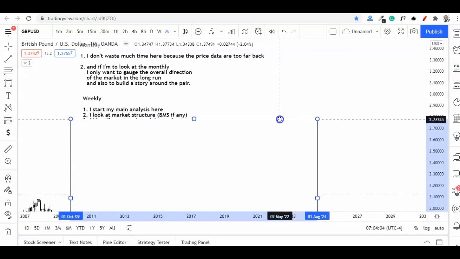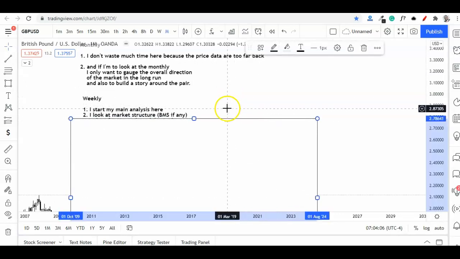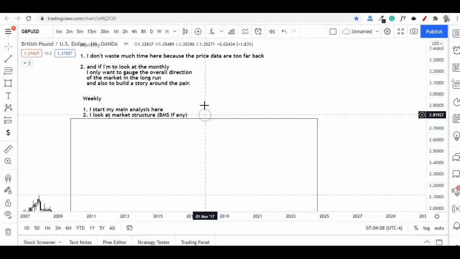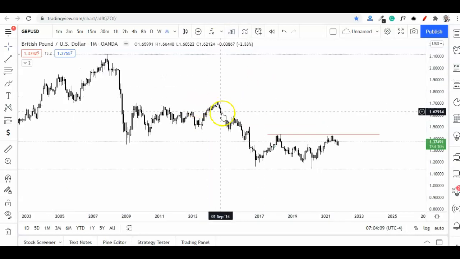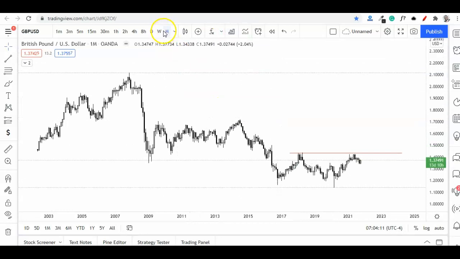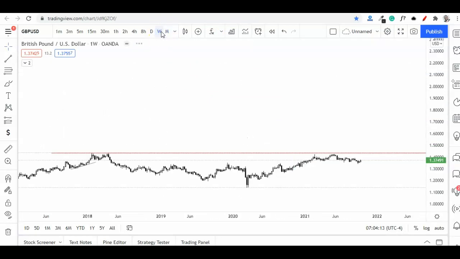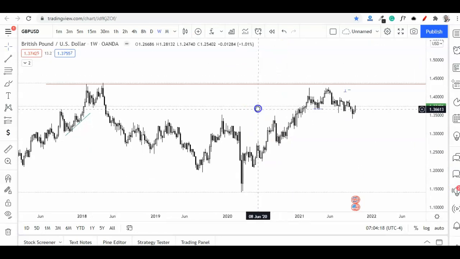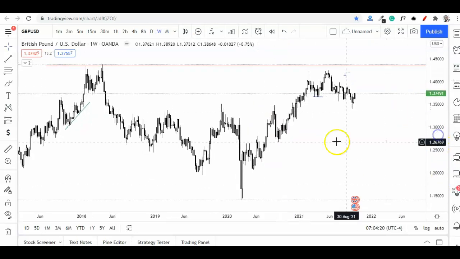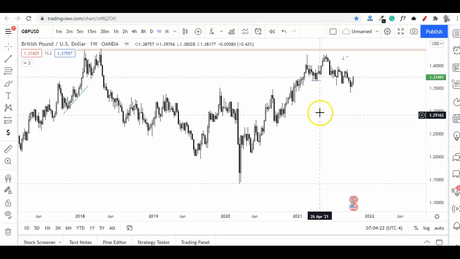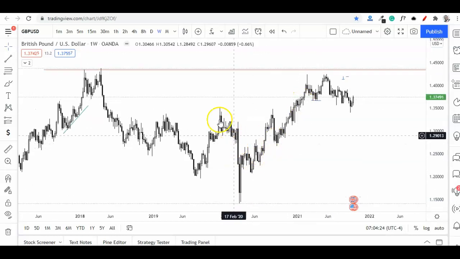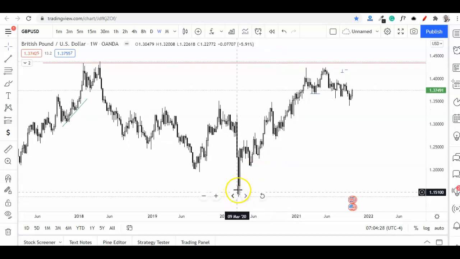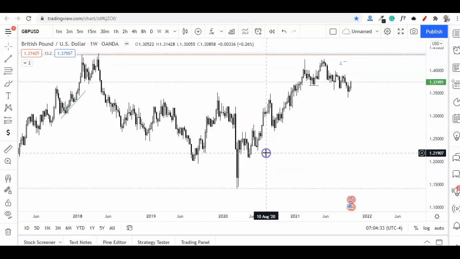I look at market structure and if there's any break of market structure, just like in this case here. This is the monthly; I'll move down to the weekly and observe what price has been doing in the past couple of weeks. Looking at this, we can see that the pound went down to this level here, March 2020, probably because of the coronavirus.